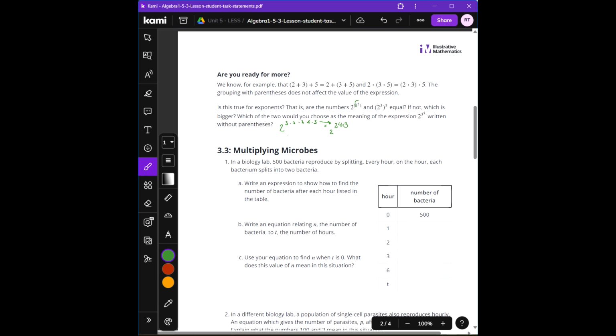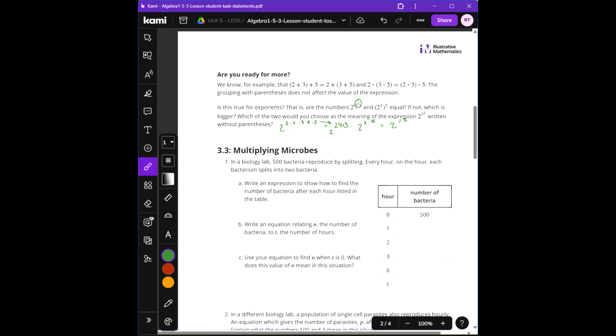So that's when we're calculating that 3 to the fifth, and then we're taking the 2 and raising it to the 243rd. Or we have 2 to the third to the fifth, which is equal to 2 to the 15th.